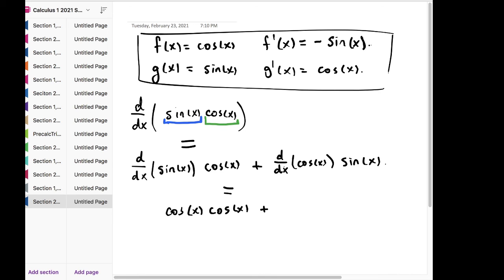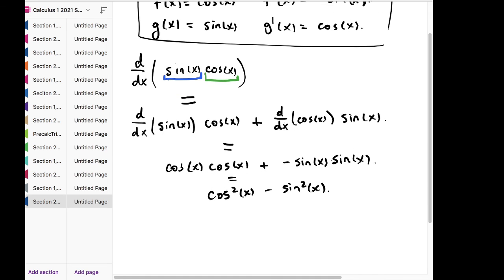The derivative of cosine is negative sine times sine. So this is cosine squared minus sine squared. What is cosine squared minus sine squared? Anyone know?